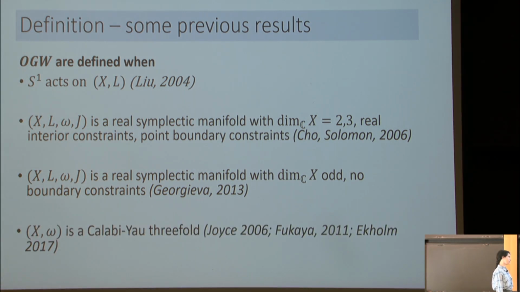For Calabi-Yau threefolds, there is a different approach that's more closely related to ours. Well, in that context, again, having point constraints is a little bit irrelevant. So the pool of cases when open Gromov-Witten invariants are defined a priori is rather small. And when they are defined, it seems that boundary constraints are very limited in what they can be. So it would be helpful to understand that.